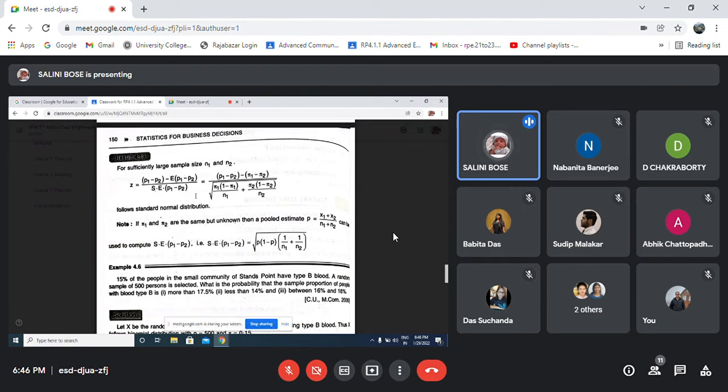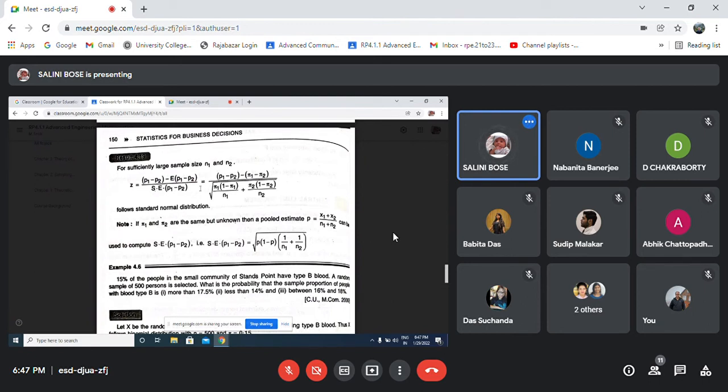The standard error formula is pi into 1 minus pi by n. So for p1 it will be root over pi1 into 1 minus pi1 by n1, and we know variances are always added, right? Didn't I show in the last class why it is added? So by following those it will be plus pi2 into 1 minus pi2 by n2.